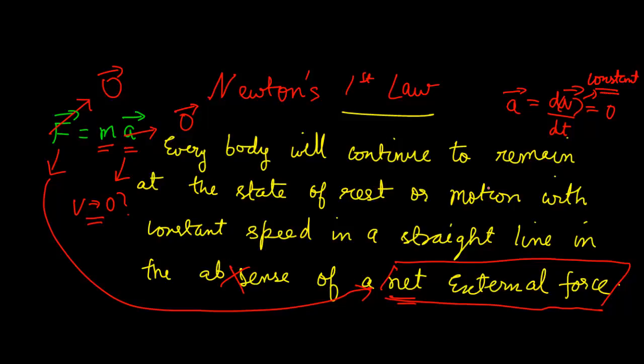And if the velocity is constant, the motion has to be with a constant speed in a straight line, or it could be at rest. So this whole sentence can be deduced from just this small equation and a special case of it when the force is 0.